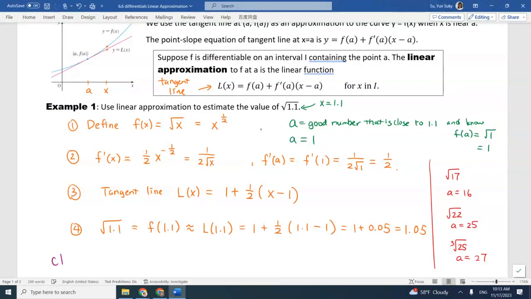Now, let's check our work. The good thing about this type of problem is you can always check your work to see if it makes sense. Could you put this in your calculator? What is the square root of 1.1? Could you tell me as many digits as your calculator displays?